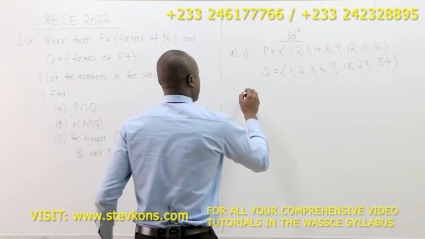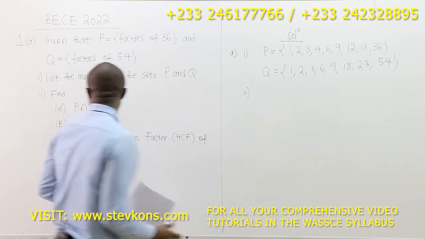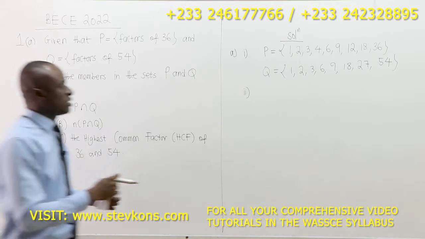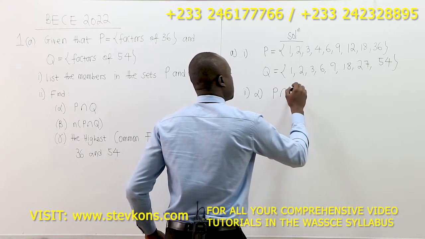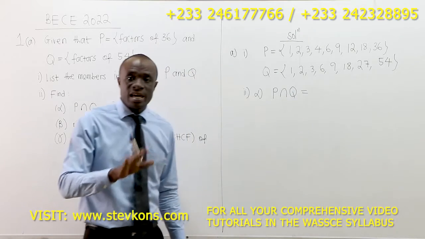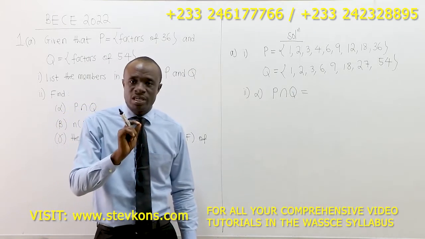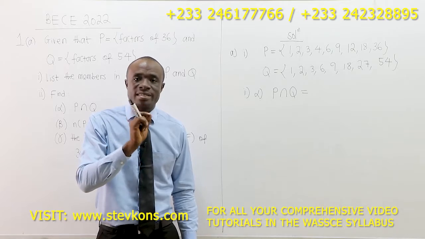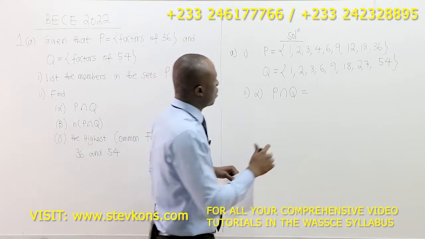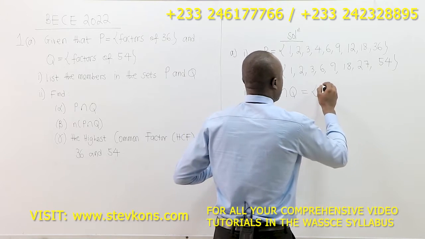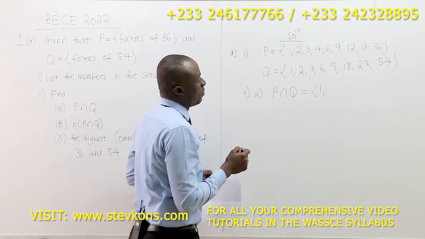That's the first one. II says that find alpha, P intersection Q. Elements that are common, keyword common, elements that are common to P and Q. So let's see what the elements that are common are. First one, 1, is an element which is common.